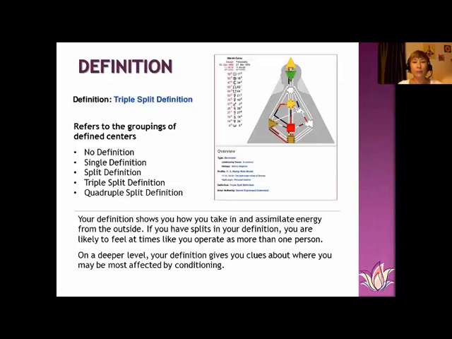Split definition is when you have 2 sets of connected centers, but they aren't connected to each other. And then triple split definition is when you have 3 sets of centers that are connected, but they're not connected to each other. And then quadruple split would be 4 of those types of combinations.